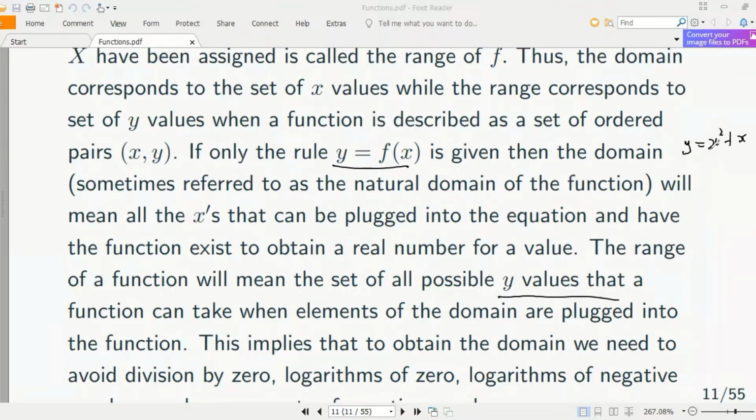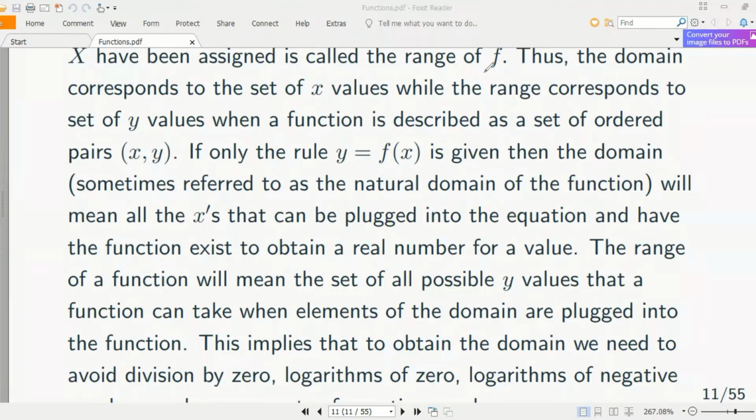If my domain has a 0, then y will be 0. If I plug in 2, y will be 4 plus 2. If I plug in 1, y will be 2, and so on. All those possible values obtained when the values of the domain are plugged in would form the range. That is, if only the equation is given.